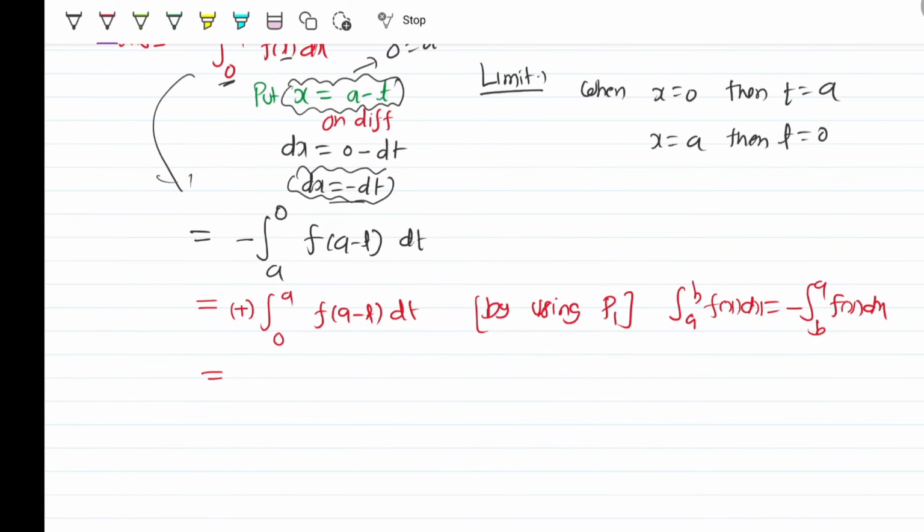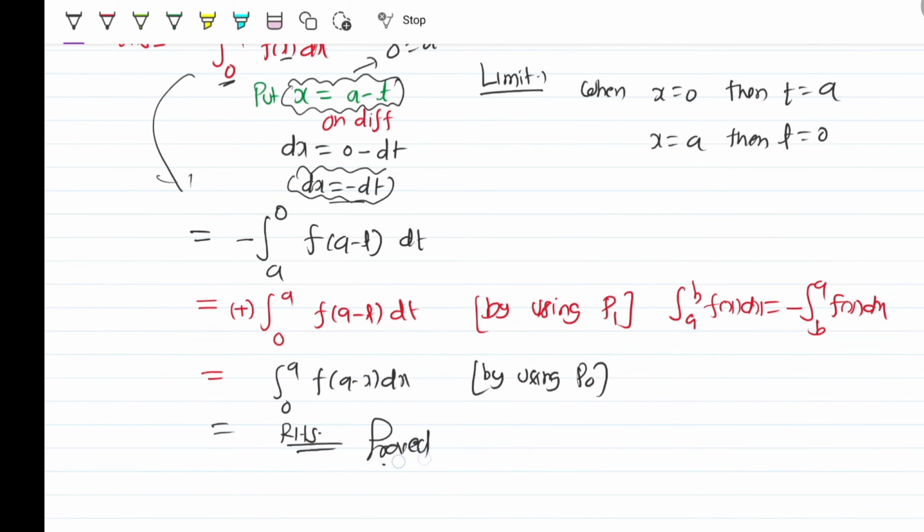Next, we know that by p0 property our integral is independent of the variable, so we can write 0 to a f of a minus x dx. By using p0, which is your RHS, hence proved.